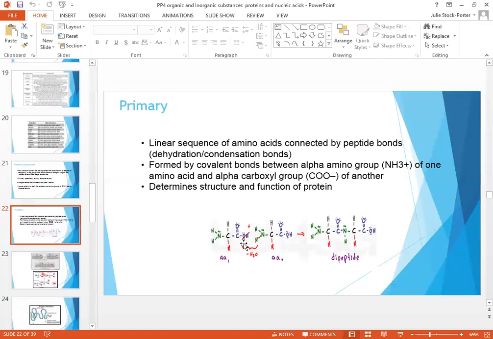Now look what happens when they form their bond. Do you see this OH group right here, this hydroxyl group? And then do you see this hydrogen? Do you see how they came together to form a water molecule and left? This left, that's called dehydration because it leaves.